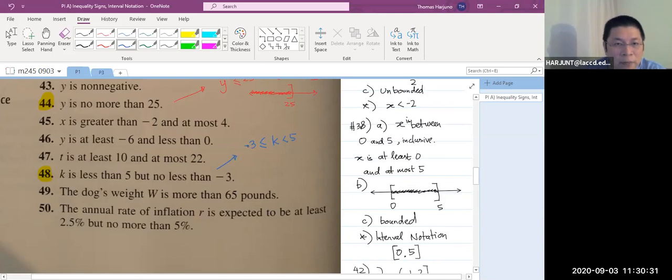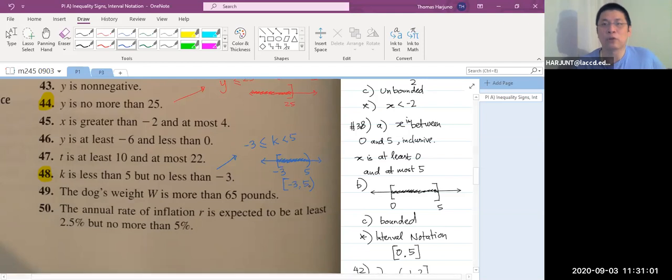Okay, it's less than 5, but not less than -3. So number line-wise, it will be from -3 on the left-hand side up to 5, not including 5, on the right-hand side. Interval notation will be -3 with a bracket up to 5 with a parenthesis.